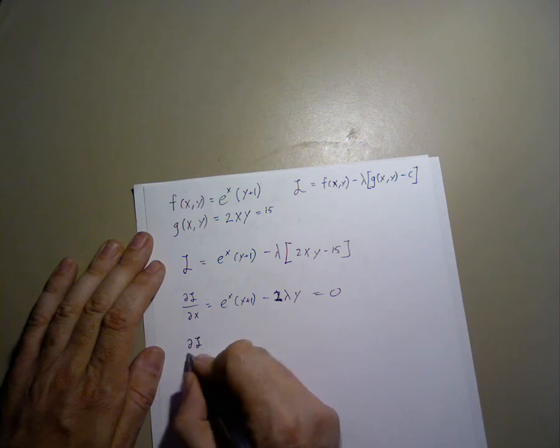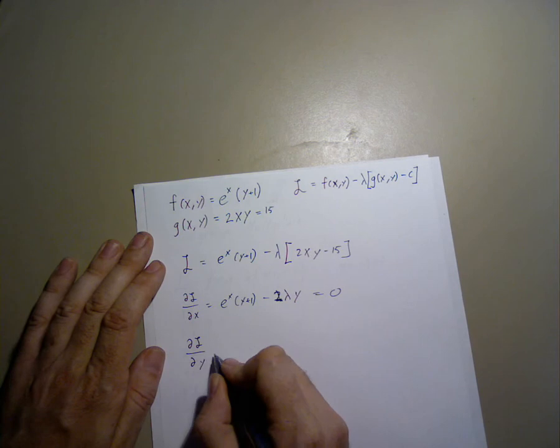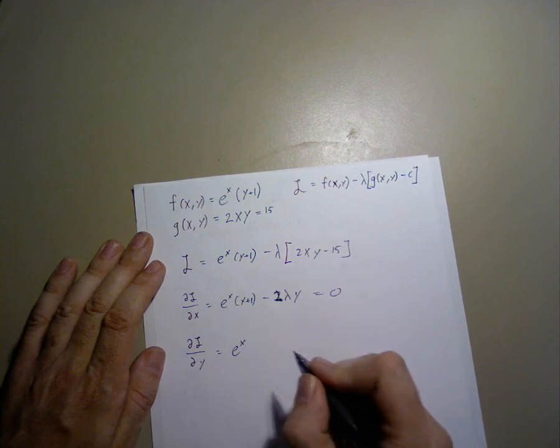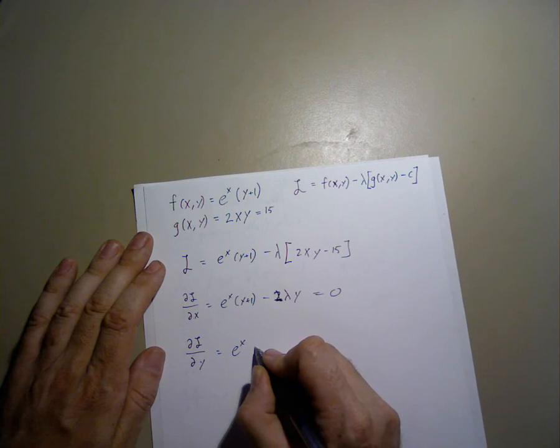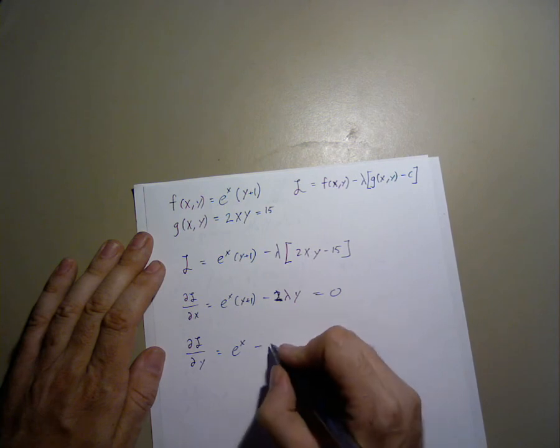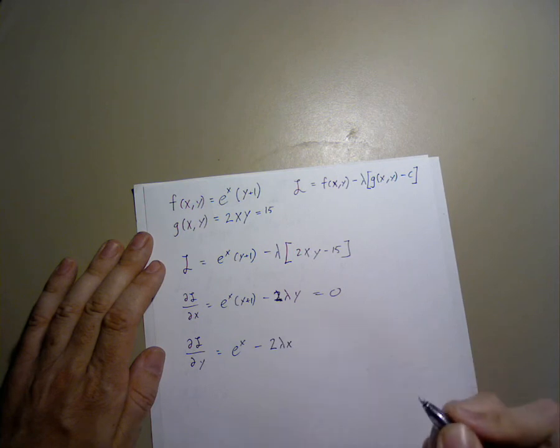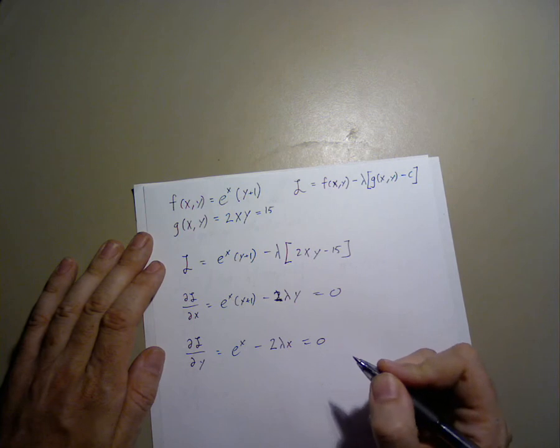The next partial derivative, L with respect to y, gives us e^x minus 2 lambda x equals 0.